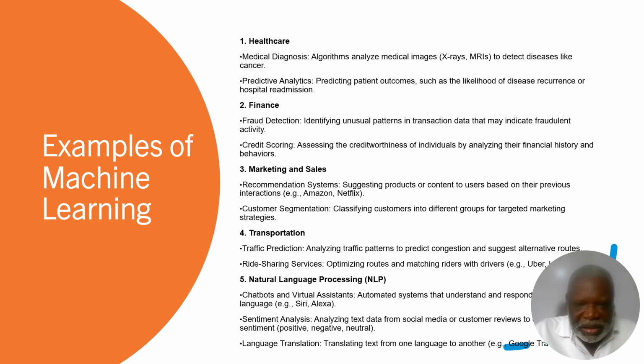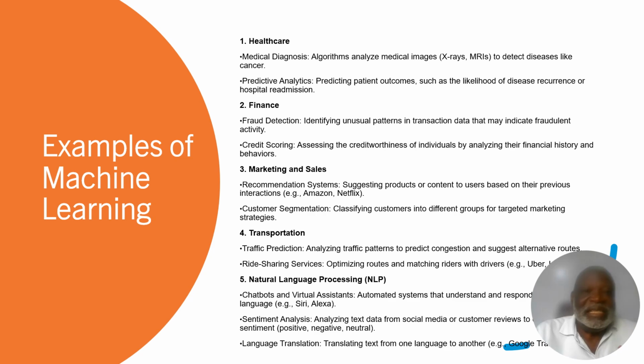In transportation, there are several examples. Uber, Bolt, the ride sharing services on these applications are machine learning. Predicting and changing traffic light patterns are examples of machine learning. NLP, chatbots, virtual assistants: when you go into a website and the chatbot opens and is able to chat with you, again, that is a form of artificial intelligence.